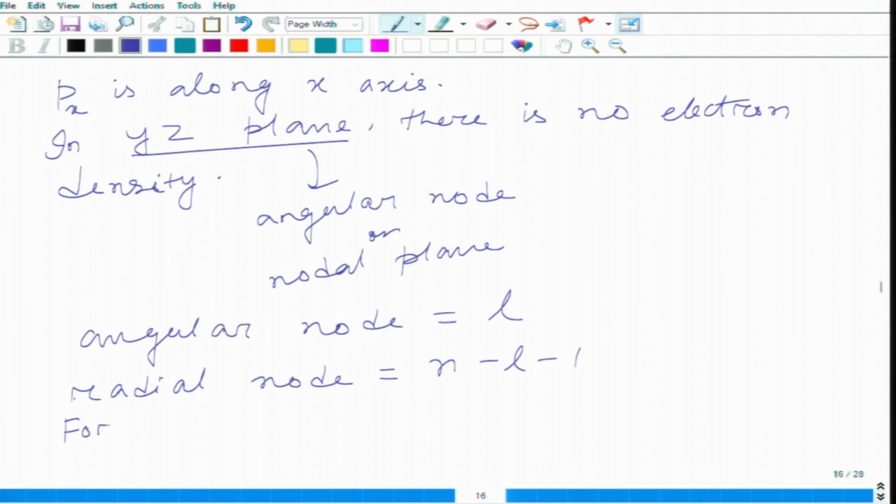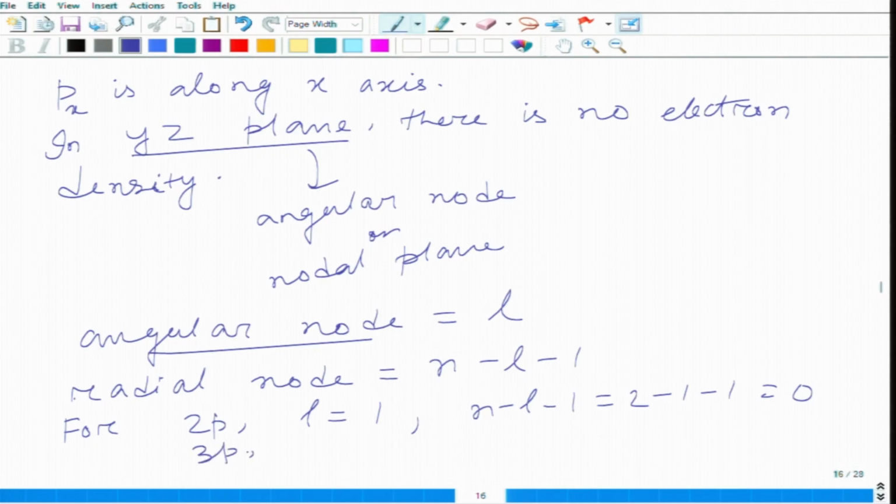So, for 2p, L is equal to 1. So, there is one angular node and n minus L minus 1 is equal to 0, so there is no radial node. But for 3p, the angular node will be 1 and the radial node will be 1.